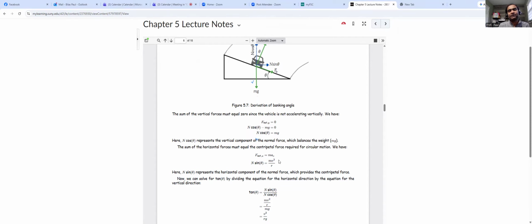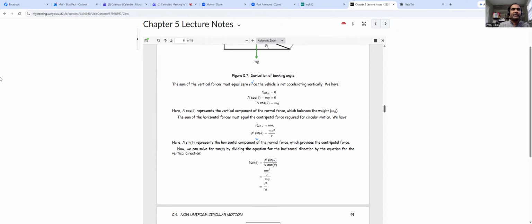So we have two equations, and with a little bit of algebra, I divided one by the other and got tan theta.